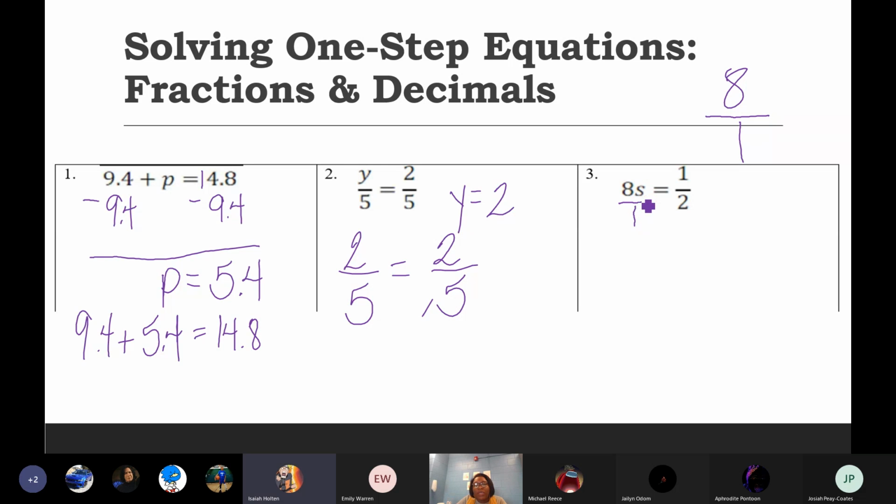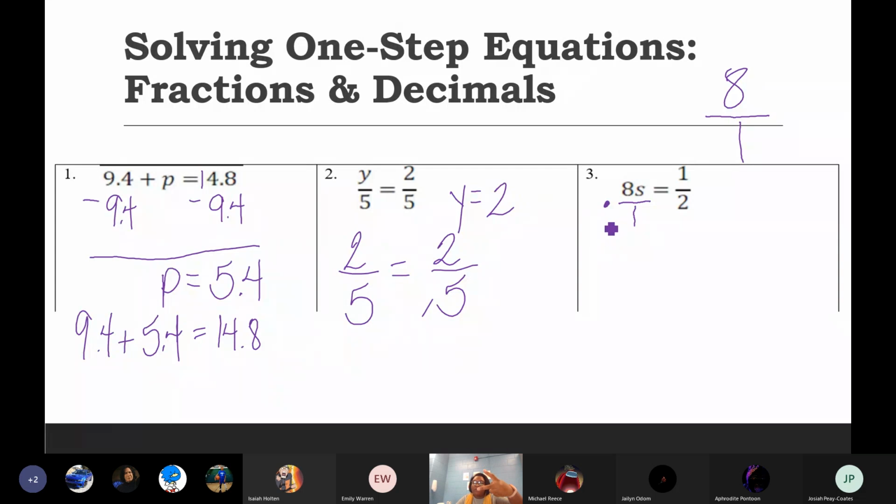Remember, our goal here is to get that S by itself. So what we have to do here is multiply by the reciprocal of this. Remember, we're just going to flip our fraction. So if I'm multiplying the reciprocal, what would that fraction be?